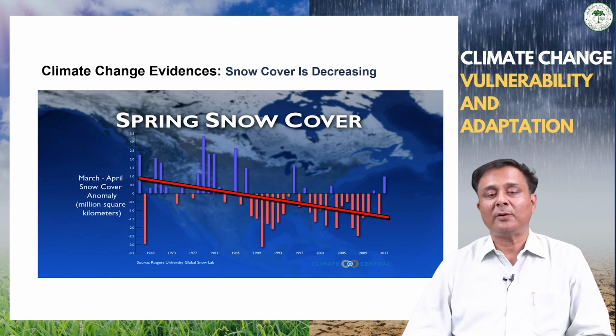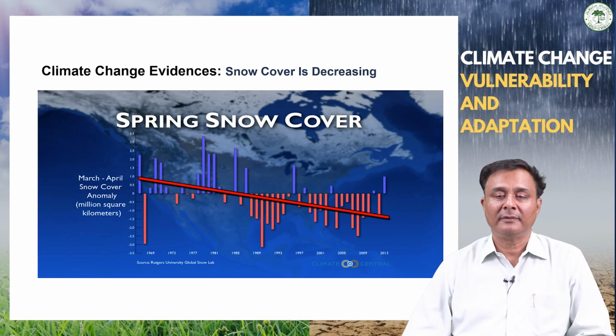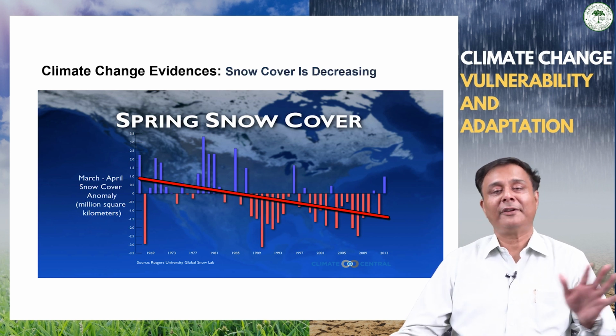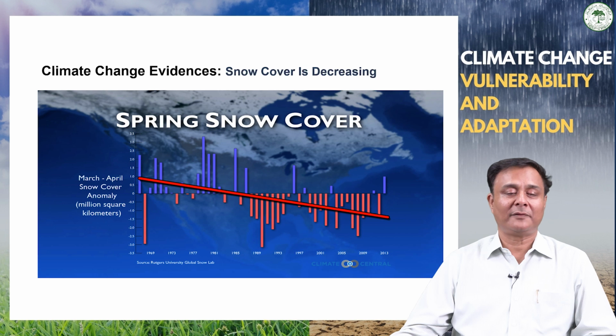And the experts found that the snow presence in the Arctic and southern latitudes of the northern hemisphere and the southern hemisphere is generally decreasing, and decreasing at a very alarming rate. So everywhere over the earth's surface, the snow cover is decreasing.